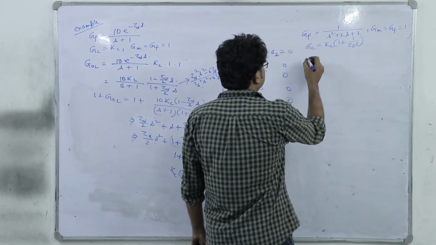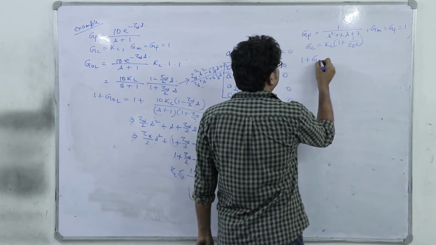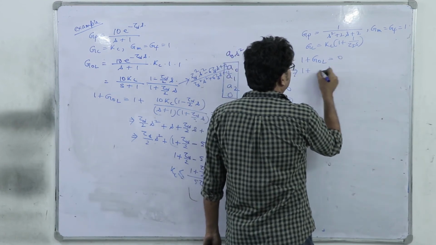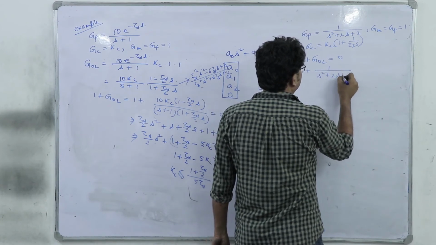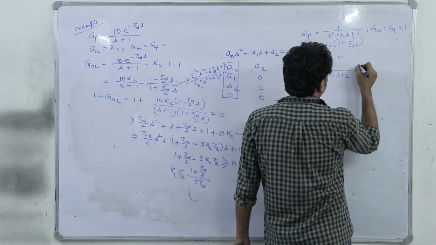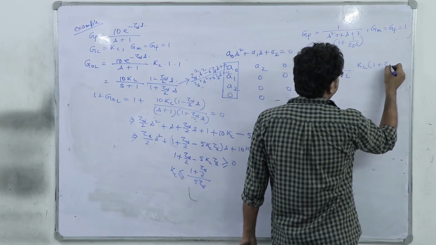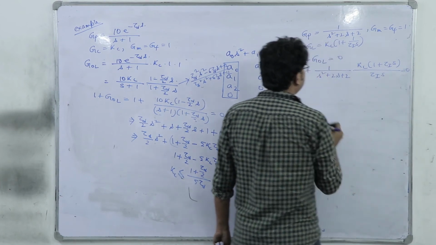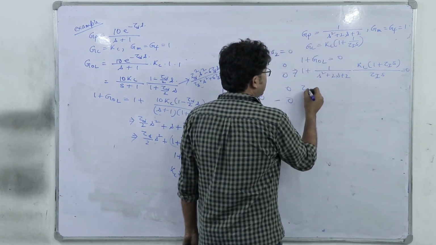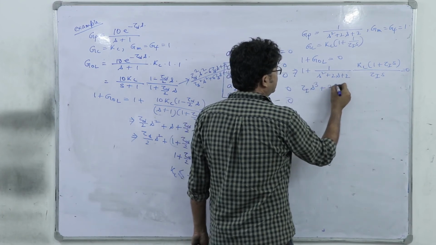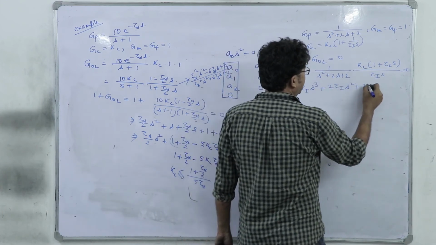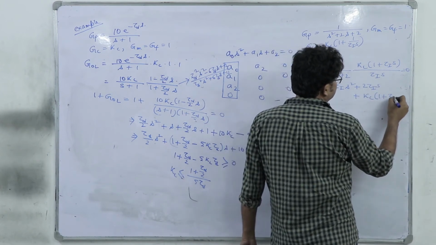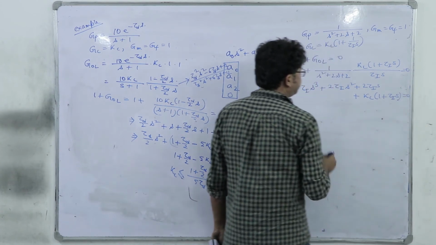So, what is the characteristic equation? 1 plus GOL is 1 divided by s square plus 2s plus 2 into Kc 1 plus 1 by tau I s is equal to 0. So, tau I s cube plus 2 tau I s square plus 2 tau I s plus Kc 1 plus tau I s is equal to 0.